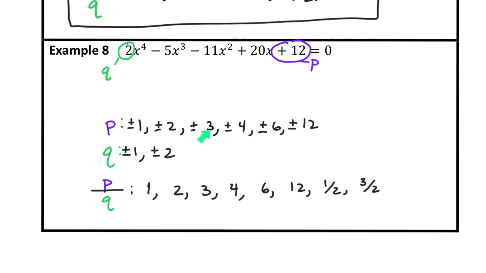Okay, so I did 3 divided by 2 is 3/2. 4 divided by 2, that's 2, which we already have. 6 divided by 2, that's 3, which we already have. And 12 divided by 2 is 6, which we already have. So I'm going to add plus and minus on all of them. And that's going to be my answer.